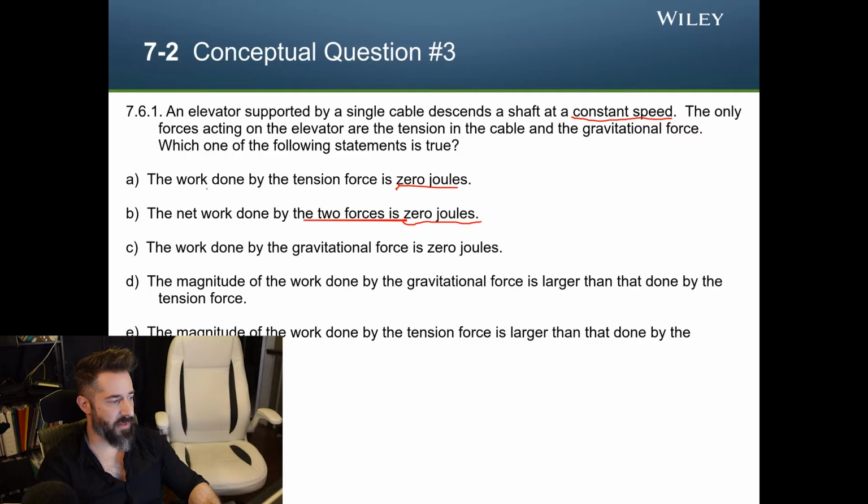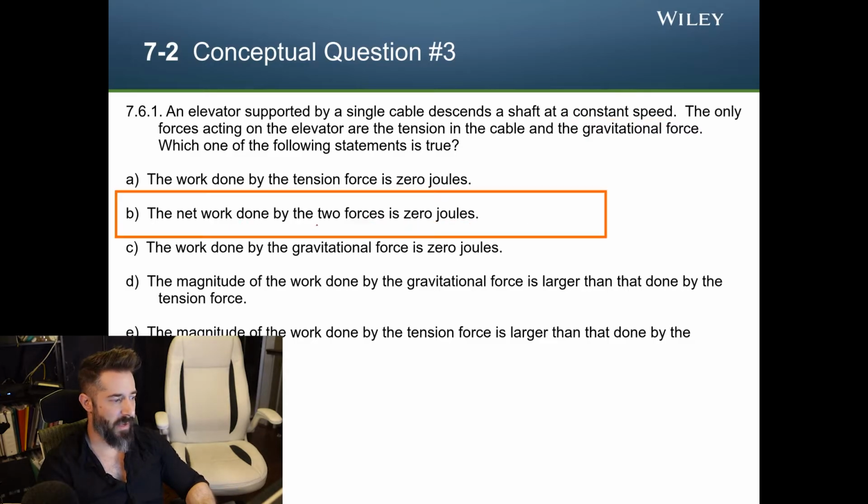We have 3 answers that say 0 joules. The work done by the tension force is 0 joules. This would mean that the gravitational work is whatever it is, and that's going to be the total amount of work done. We already said that the net work has to be 0 because they equal each other going up and down. Then the work done by gravity is just the opposite. So yeah, it has to be B.